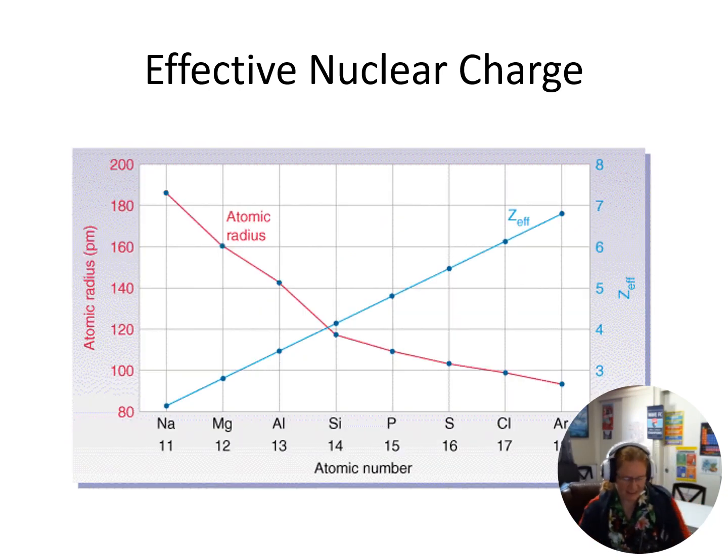Well, if I look at my atomic radius, it should stand to reason that the larger something is, the less the effective nuclear charge is, and the smaller something is, the higher the effective nuclear charge. And that makes sense, because if I'm smaller, I'm closer to the nucleus, so I'm going to be feeling more charge. If I'm bigger, I'm further away from the nucleus, so I'm going to be feeling less charge.